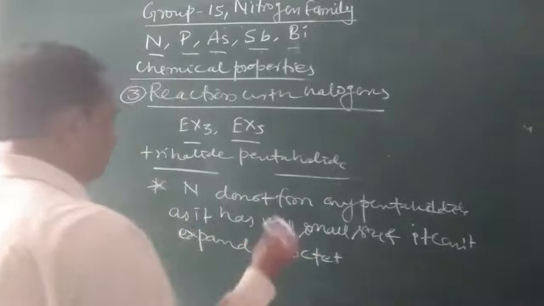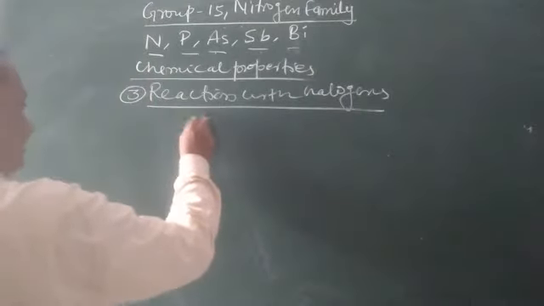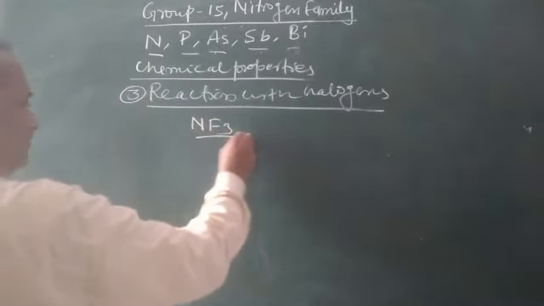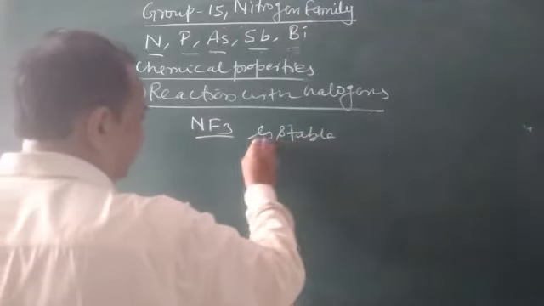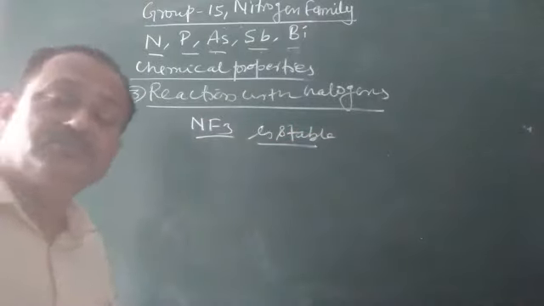In case of trihalides, only NF3 is stable. NF3 is very stable. Why?